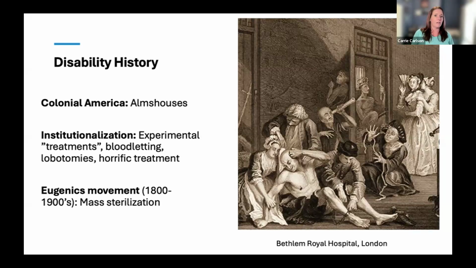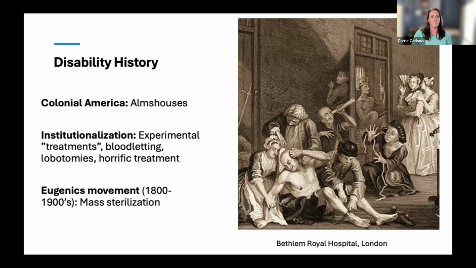And in colonial America, we had almshouses, which was basically institutionalization. And then institutionalization, right, where there were experimental treatments, such as bloodletting and lobotomies, just really horrific treatment of people with disabilities.